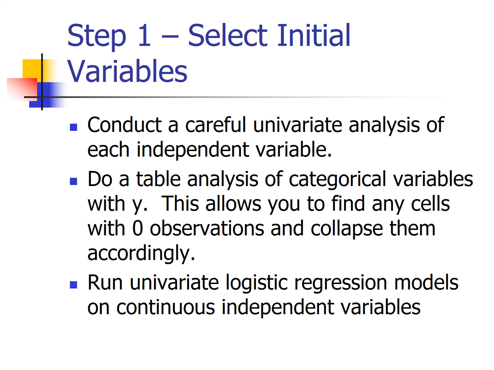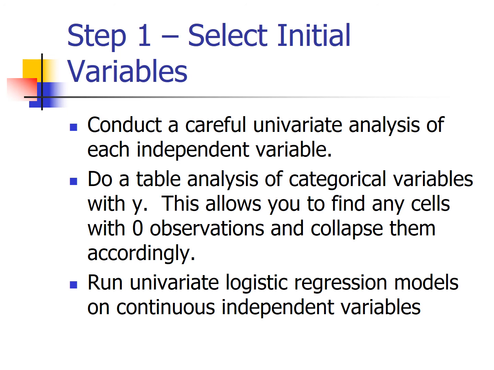So like maybe if you're building a table and you see that a cell that has Hispanic in it has 0 observations, maybe you combine Hispanic and Black into just some sort of other category. It's one possibility.